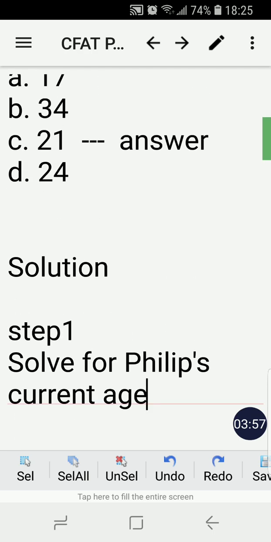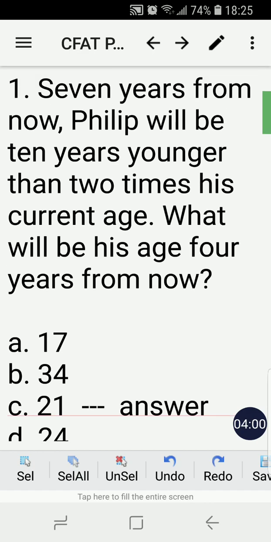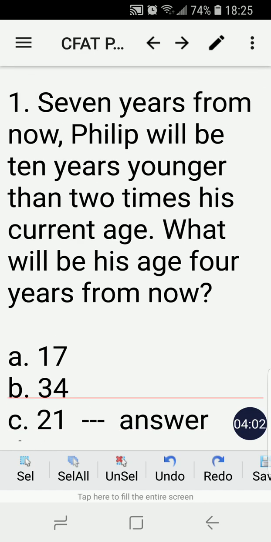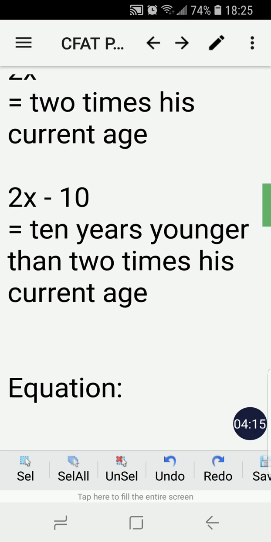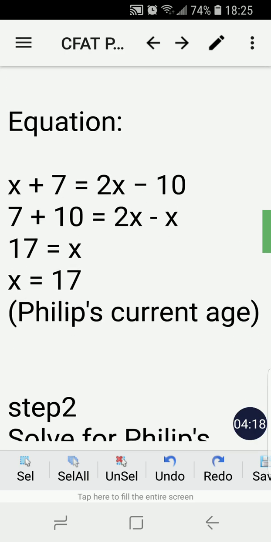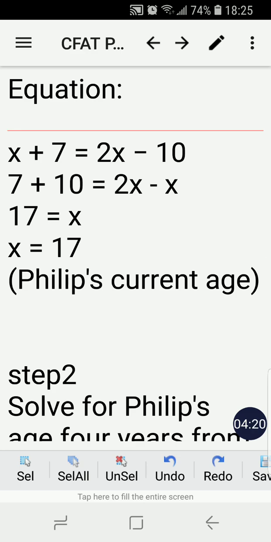Because in the given problem, it says 7 years from now, so that's the x plus 7, Philip will be 10 years younger than 2 times his current age. That sentence of the problem is converted into this expression: x plus 7 is equal to 2x minus 10.